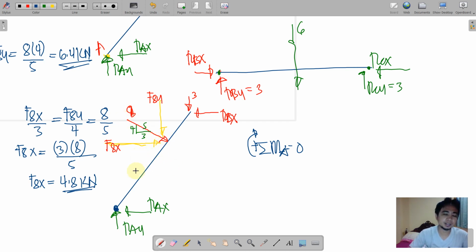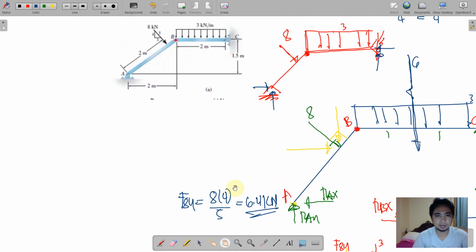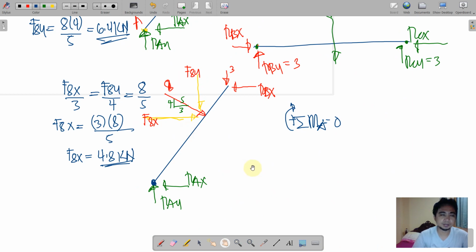So in this case, I'm going to use here the mother force. Anyway, sa A naman tayo nag-moment at yung 8 may perpendicular distance naman along this inclined. Ano yung perpendicular distance niya? So makikita natin dito yan. It is 2. Okay? This is perpendicular distance from A. That is 2 meters. So perhaps we can indicate here the 2.